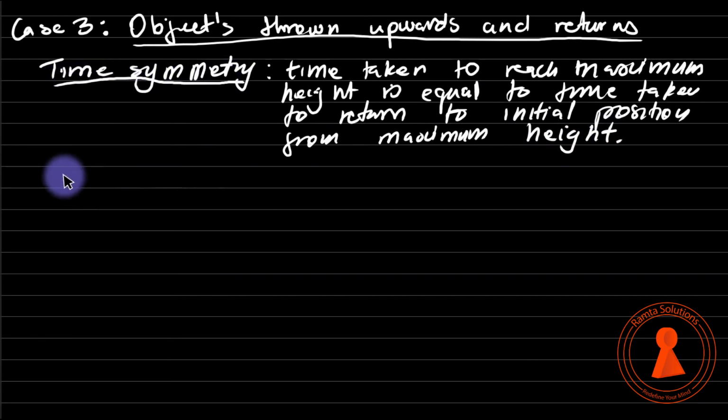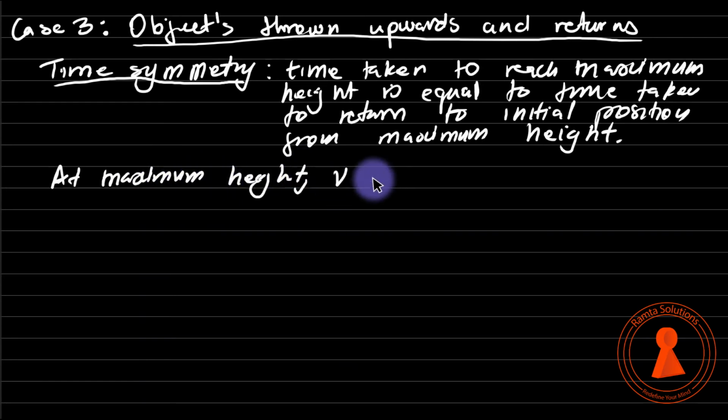Now another thing that I also need to mention: at maximum height, velocity is 0. That is one thing you should know. Okay, guys.